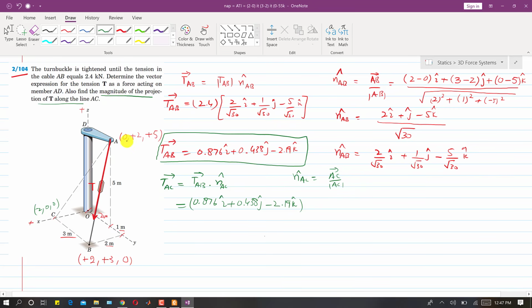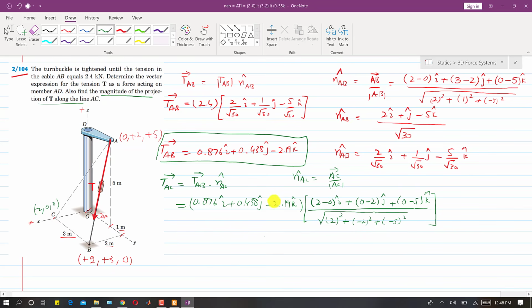It will be 2 minus 0 i, and then plus 0 minus 2 j, plus 0 minus 5 k, divided by the magnitude. The magnitude will be 2 squared plus minus 2 squared plus minus 5 whole squared. So we will get this magnitude, right?